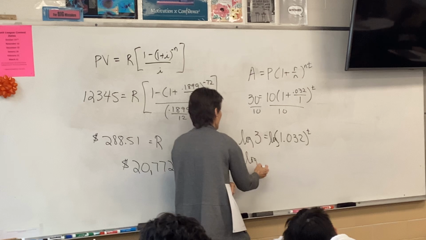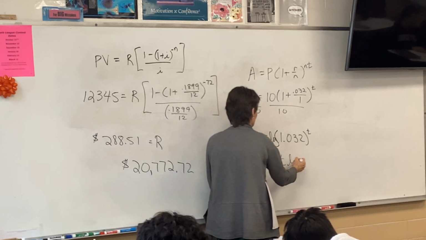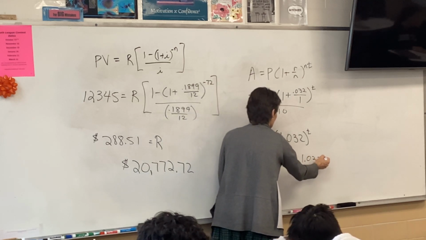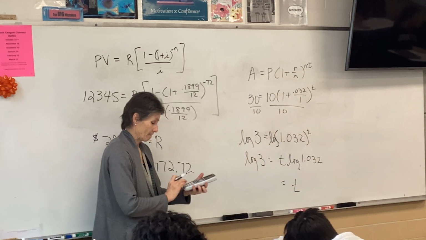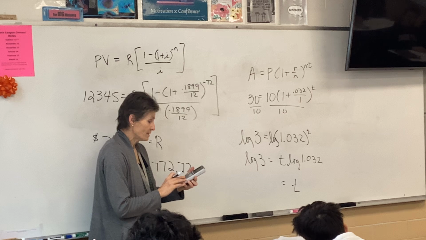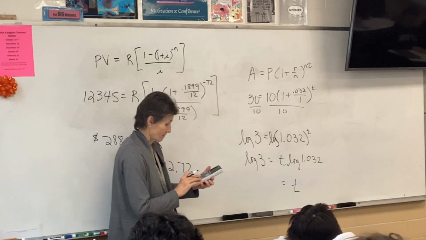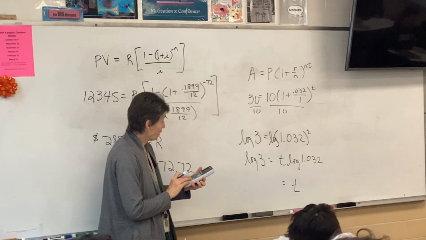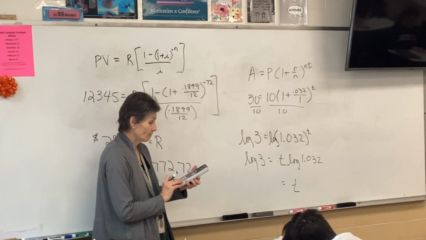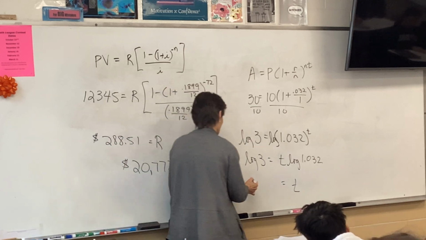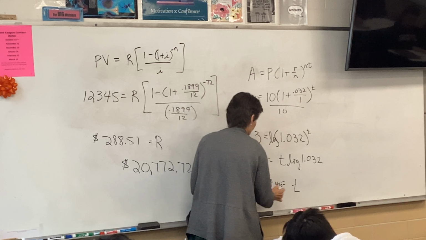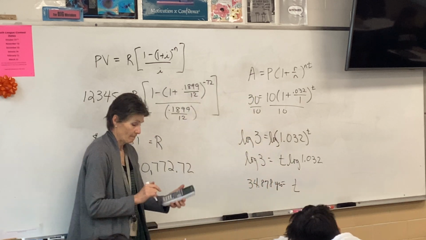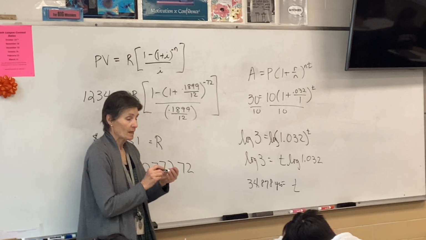Pull the exponent off and divide. So log 3, divided by log 1.032. Did you get 34.878 years? Anybody else get that?